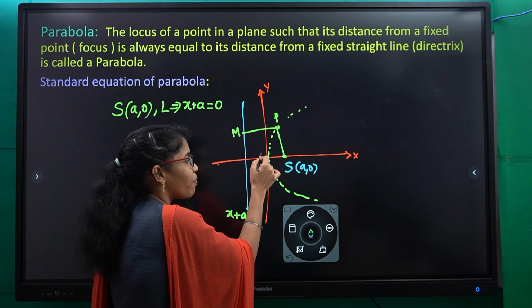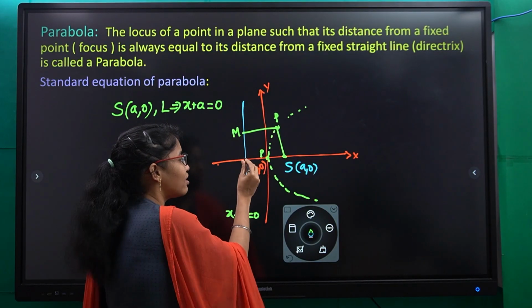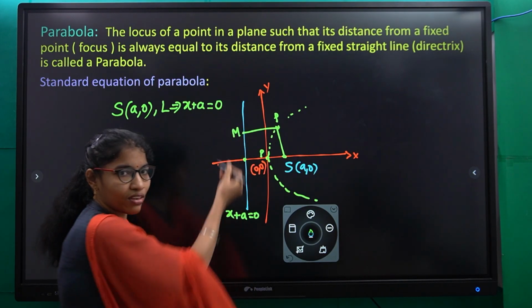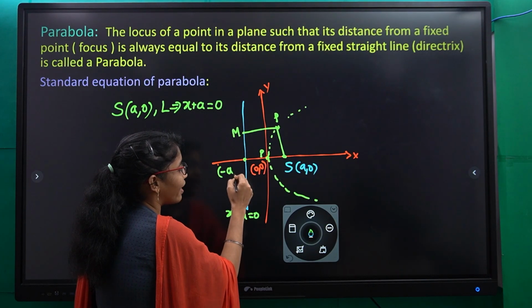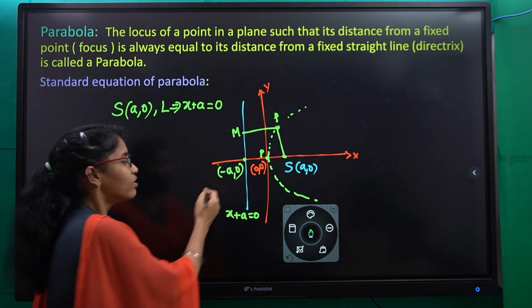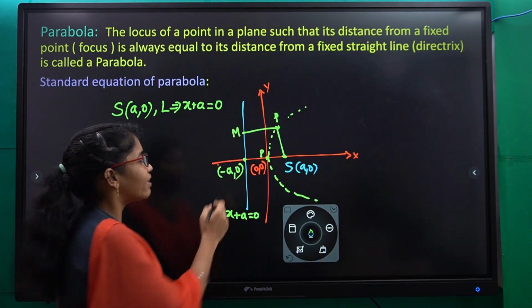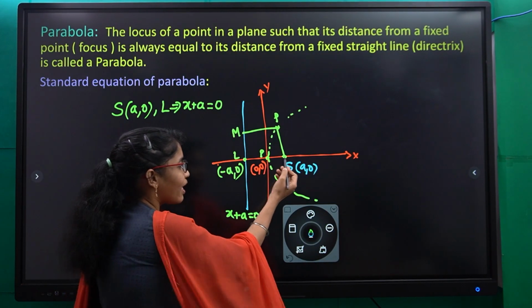So if you take a point here, SP equals PM. What is this point here? x plus a equals 0, and it is on the x-axis, so it is minus a comma 0. On the x-axis y equals 0. So here we get the point, you can call it L, which is minus a comma 0.